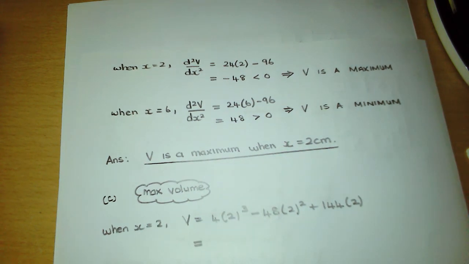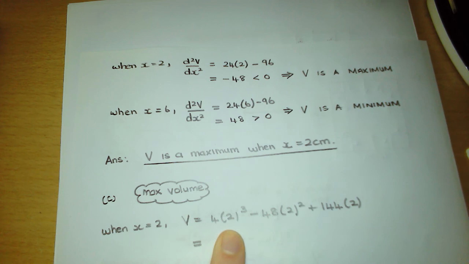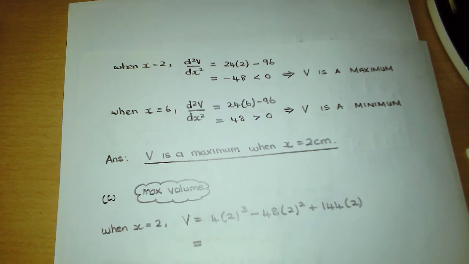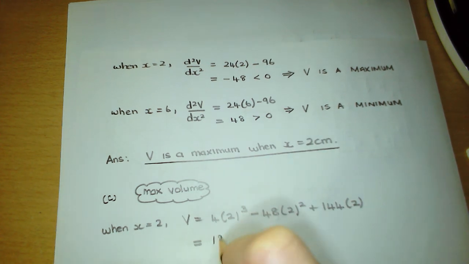And again, we can tidy that up. So we're going to have 2 cubed is 8. And then we're multiplying that by 4, that's going to be 32. And then we're subtracting 48 times 4. And then we're adding on 144 times 2. And that's going to give us 128.